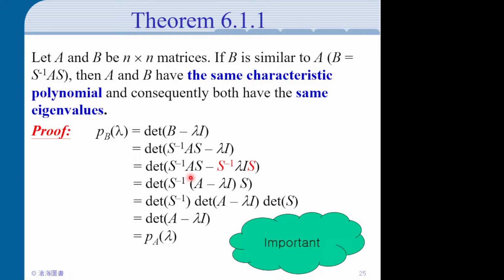So it's the determinant of S inverse, the determinant of A minus lambda I, and the determinant of S. Then the next step you can do multiple things. Basically, the determinant of S inverse will be 1 over the determinant of S, so those two things cancel out.